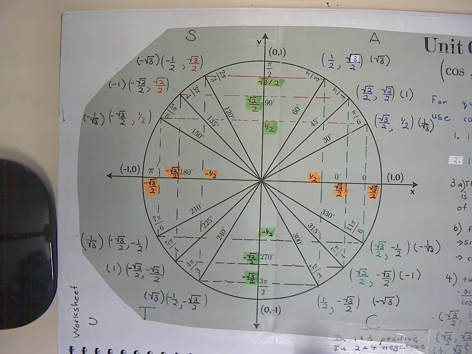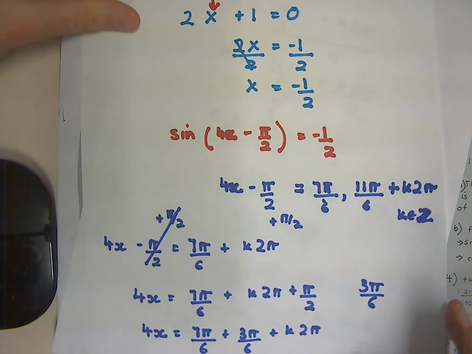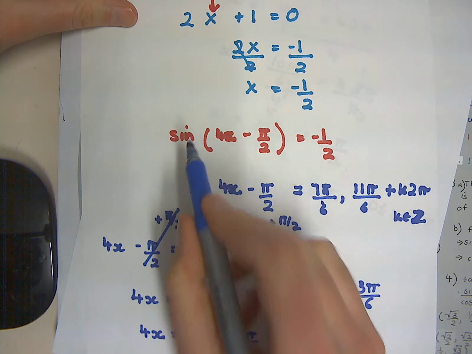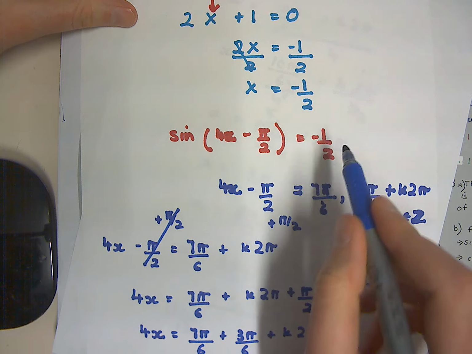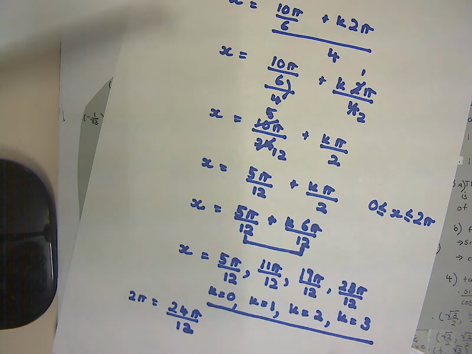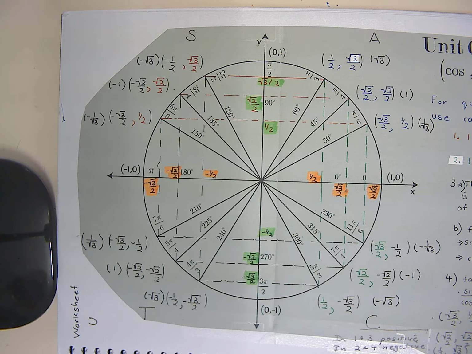So I hope you realize that in solving this equation, firstly you're getting it down to sine of something equals a number. Then you're applying the same algebra rules and then deciding which values of k you use to be able to get ones in your domain.